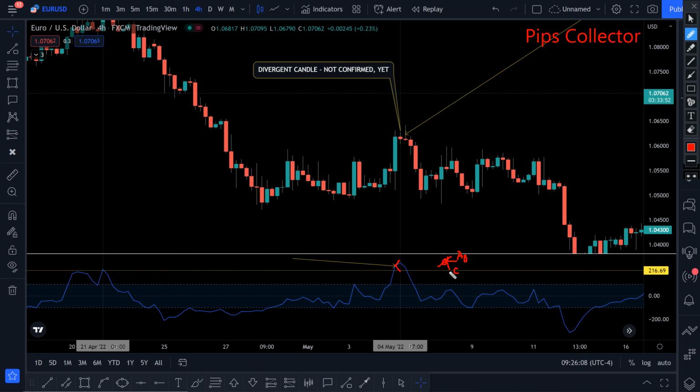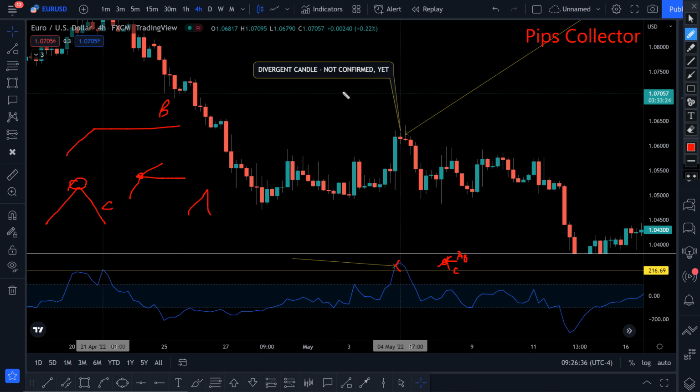Let it create the option C, not the option A where price continues up from this junction, not the option B where price becomes a plateau, flat. The one where price goes up and comes down, this is C. This is the one we want.